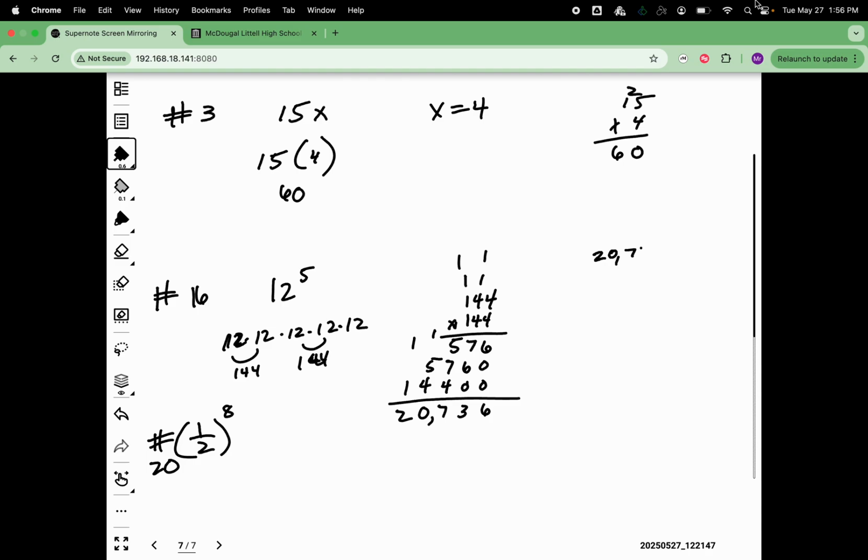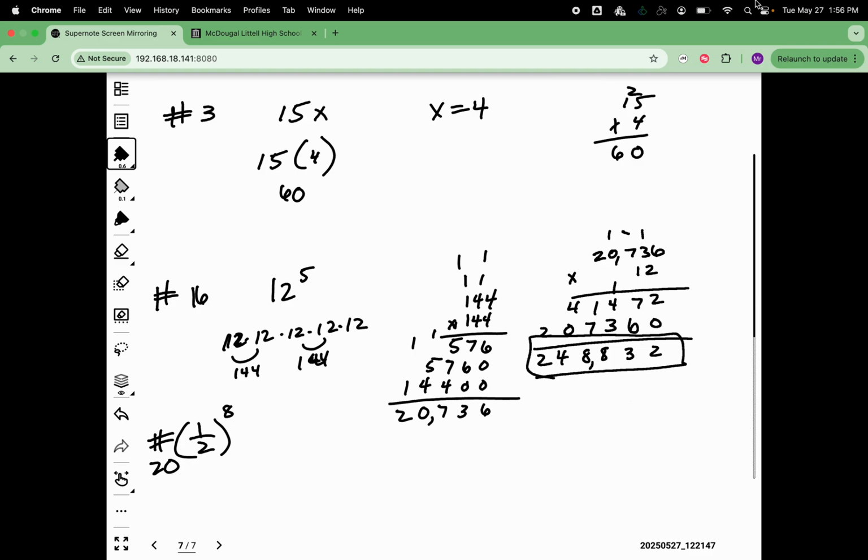So I take 20,736 and multiply that by 12. Okay, so 248,832.